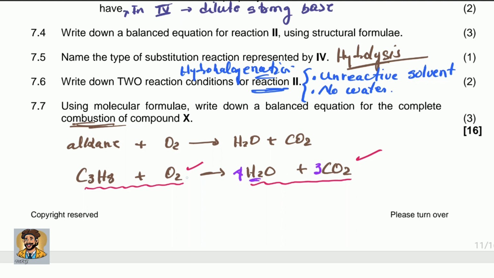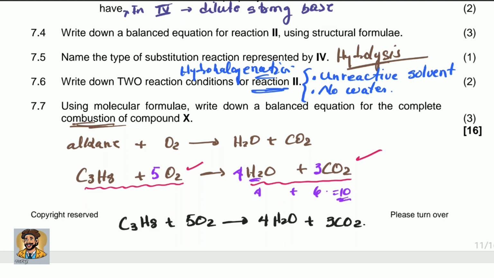Now oxygen, I have 2 on the left hand side, and on the right I have 4 oxygen plus 3 times 2 is 6, and that gives me 10 oxygen. Therefore, I have to write a 5 at the front. And the final answer will be like this: C3H8 plus 5 O2, and then 4 will give you 4 H2O plus 3 carbon dioxide.